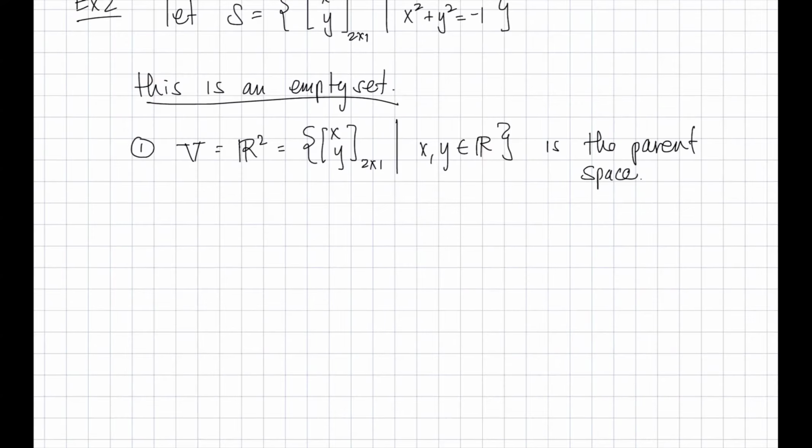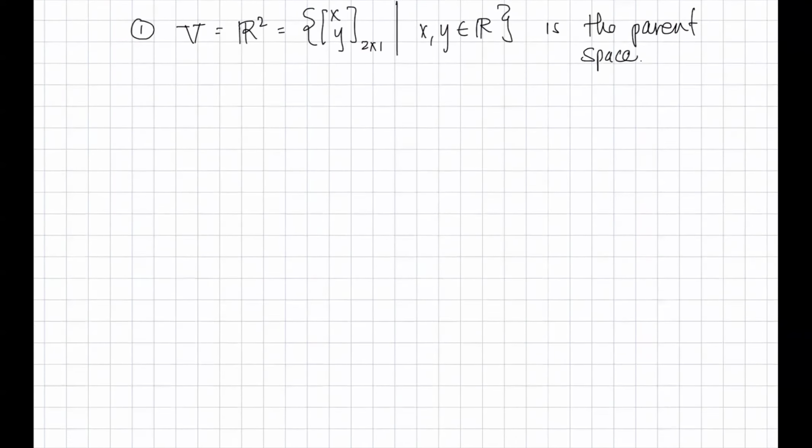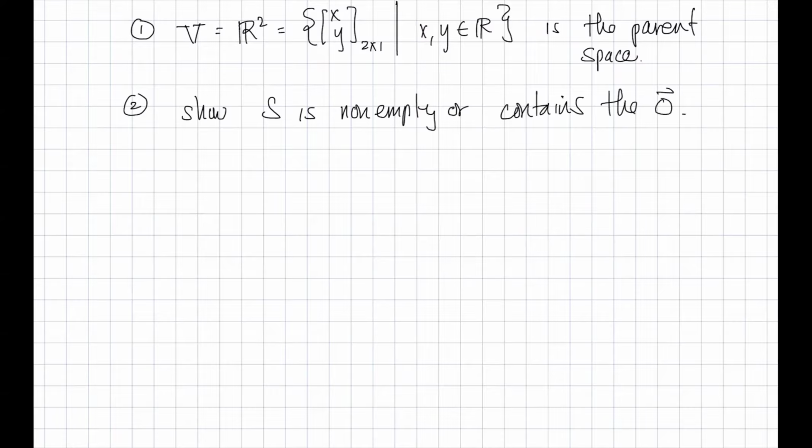You could go about trying to show things are closed if you wanted to, but S is empty. Or let's not even worry about it being empty. Show S is non-empty or contains the 0 vector.